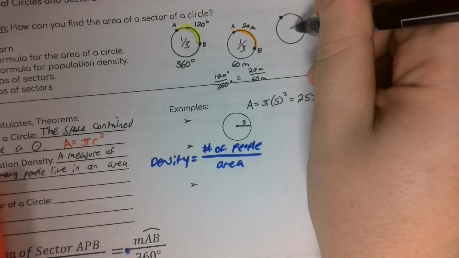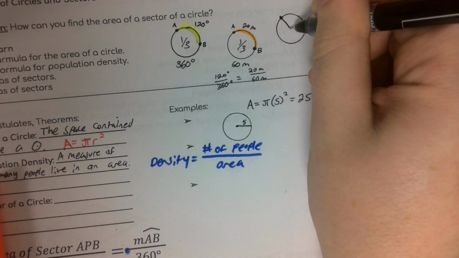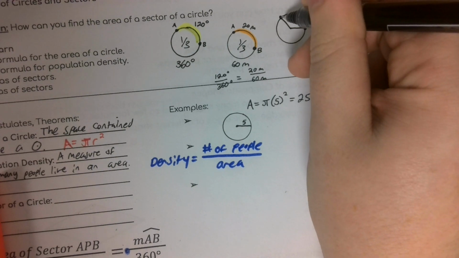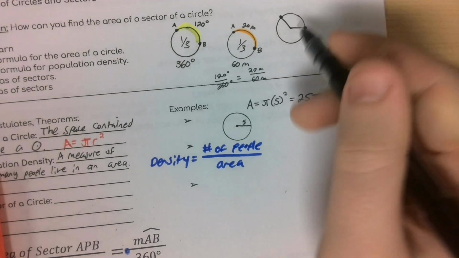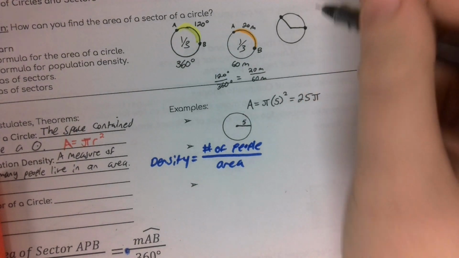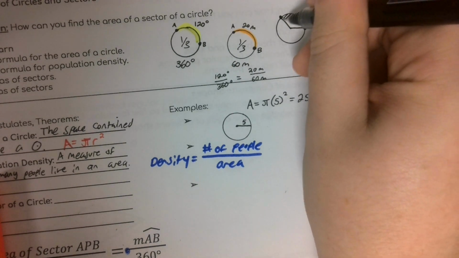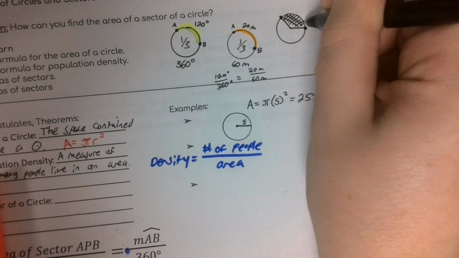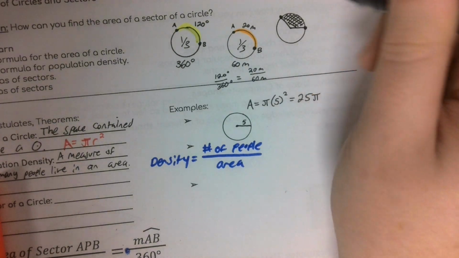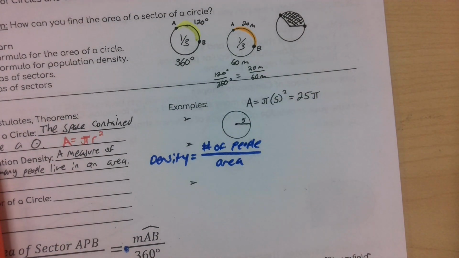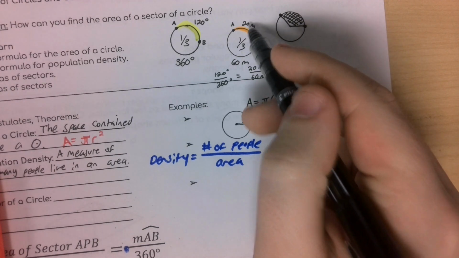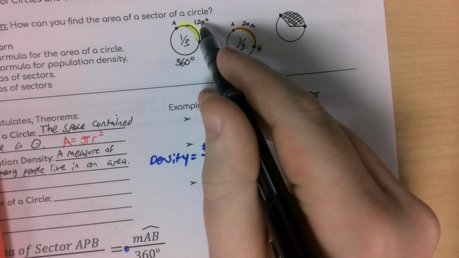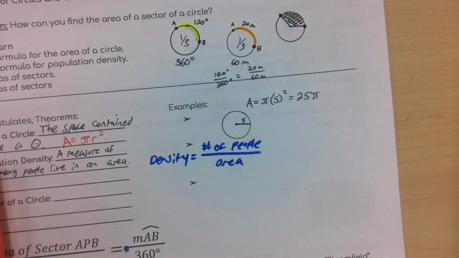A sector of a circle is a portion of the area that is cut out. Think of it like a slice of the circle. In this case, the sector here would be this shaded area. A sector is a piece of an area, just like how an arc length is a piece of a circumference, or an arc measure is a piece of 360.